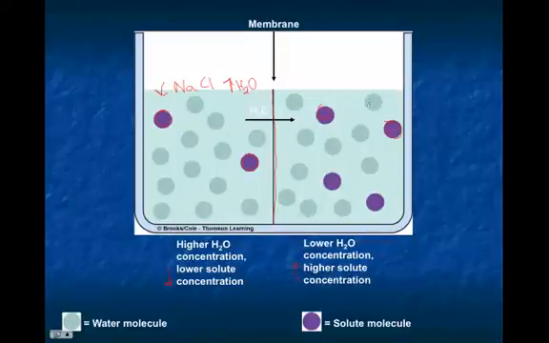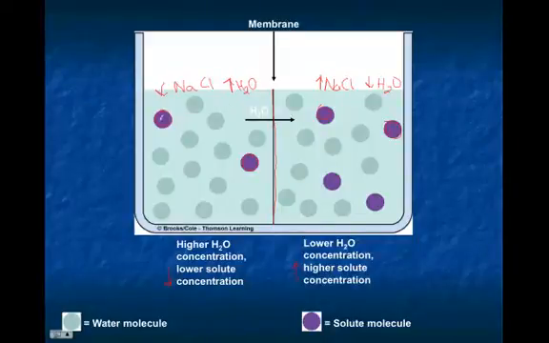On this side here, we have a higher salt concentration in purple there. And so, again, because we have more salts, they're taking up more space, and that leaves us less room for water. So now this has created our concentration gradient of water.